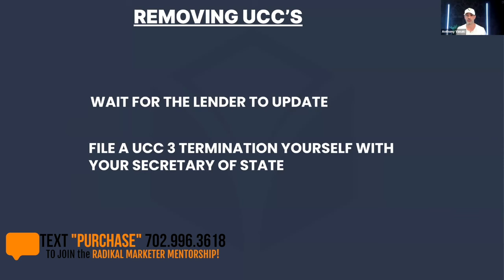You can file something called a UCC-3, which terminates it from the Secretary of State. You submit it to your lender to get that done. So you have to be on top of it, just like you're on top of your personal credit. It works very similarly for your business credit as well.